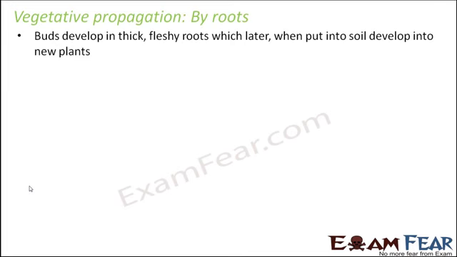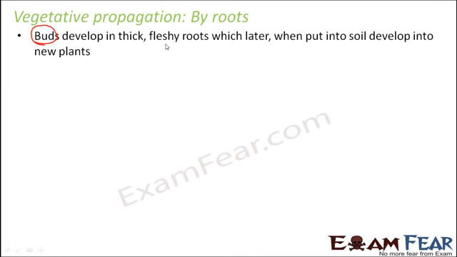The roots by their nature are thick and fleshy as well as tuberous due to the storage of food materials. When buds develop in such roots, these bud-bearing roots, when put into the soil, form new plants, because buds can actually give rise to new plants.